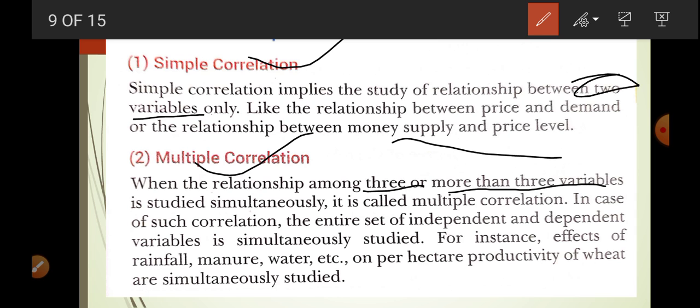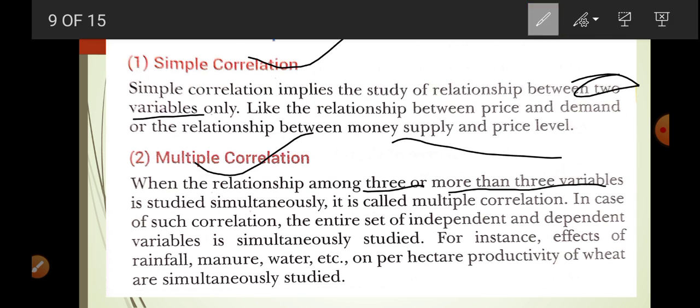We find the relation between price and quantity demanded, or price and quantity supplied. In multiple correlation, we find the relation between many factors, that is, more than two factors, like change in demand. Demand is going to change due to the change in number of buyers, change in income.